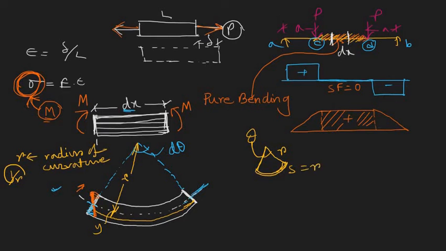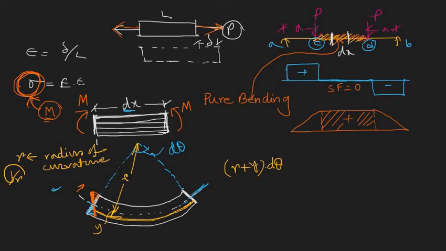S is r theta. We will apply the same philosophy. For this particular fiber, the radius is r plus y and the subtended angle is d theta. So the length is (r plus y) d theta.